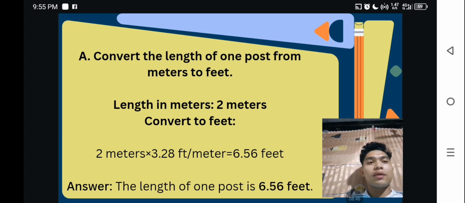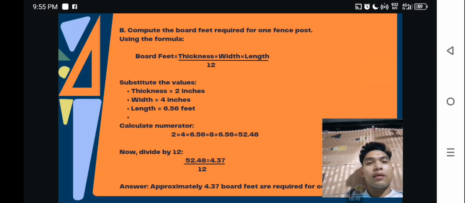And the second question, letter B, is to compute the board feet required for one fence post using the formula: board feet equals thickness times width times length, divided by 12. So we substitute the values. Thickness is 2 inches, width is 4 inches, and the length is 6.56 feet.